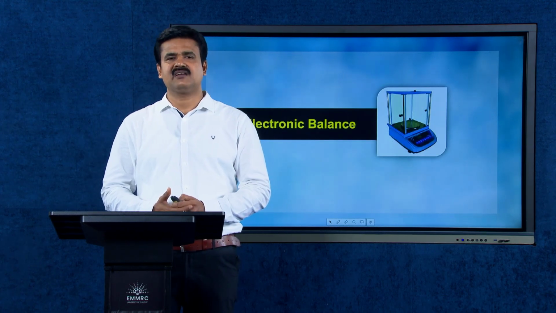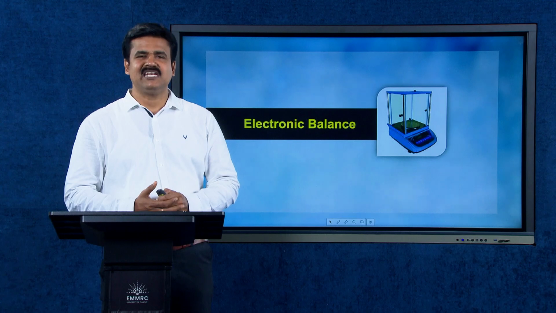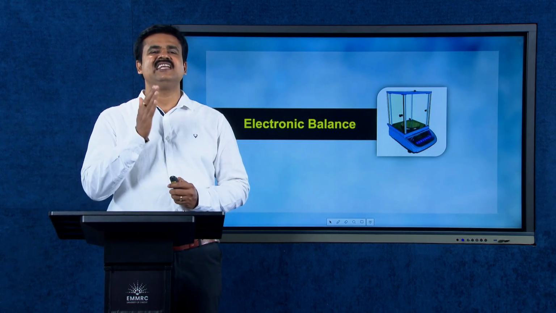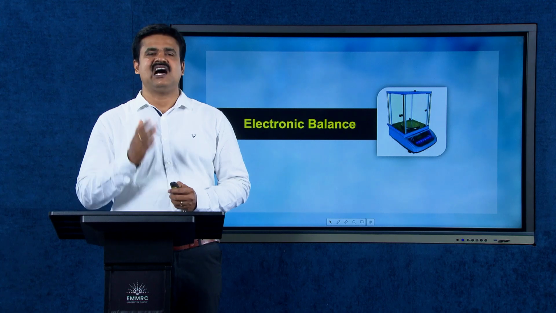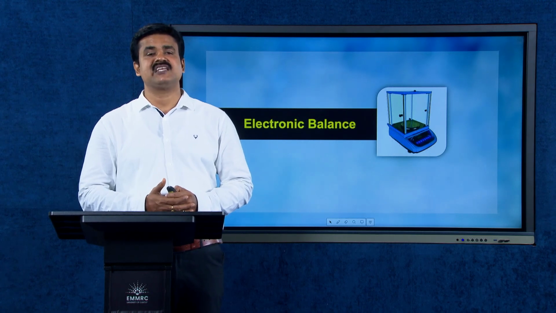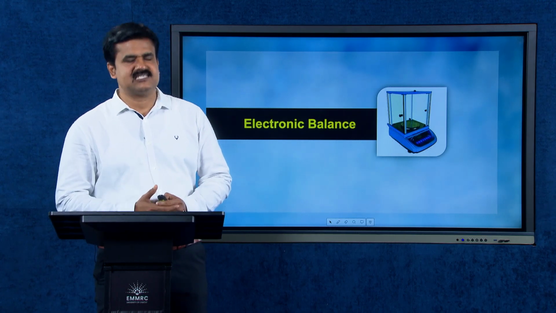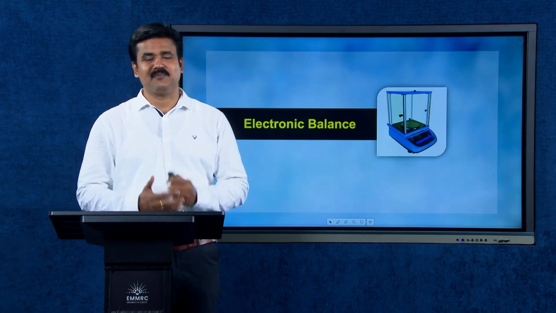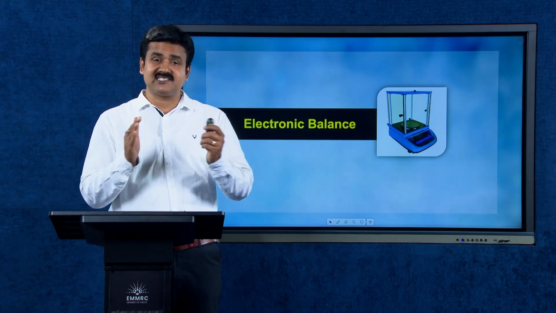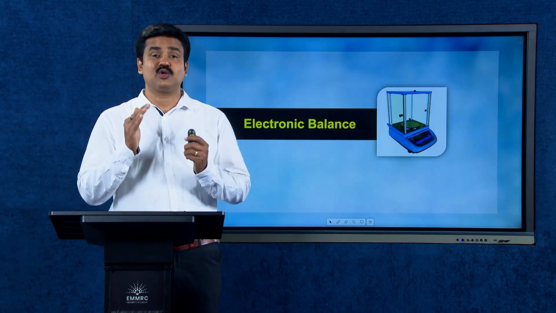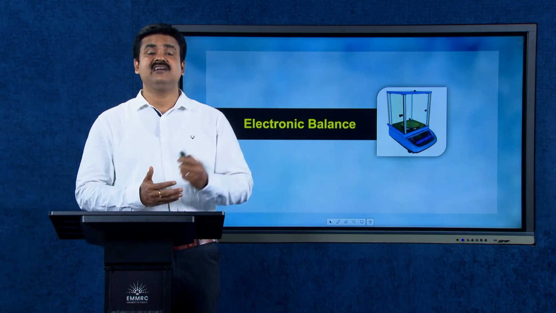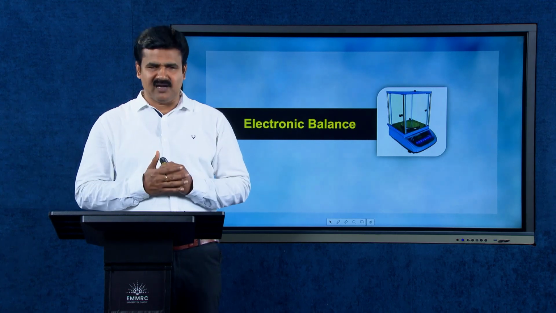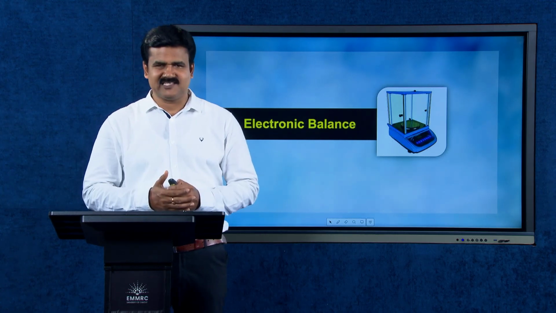Now we are discussing the electronic balance. The electronic balance is an inevitable piece of equipment as far as an analytical chemistry laboratory is concerned. Before discussing the electronic balance, we have to first familiarize ourselves with the common type of analytical balance, that is the analog analytical balance or simple analytical balance.